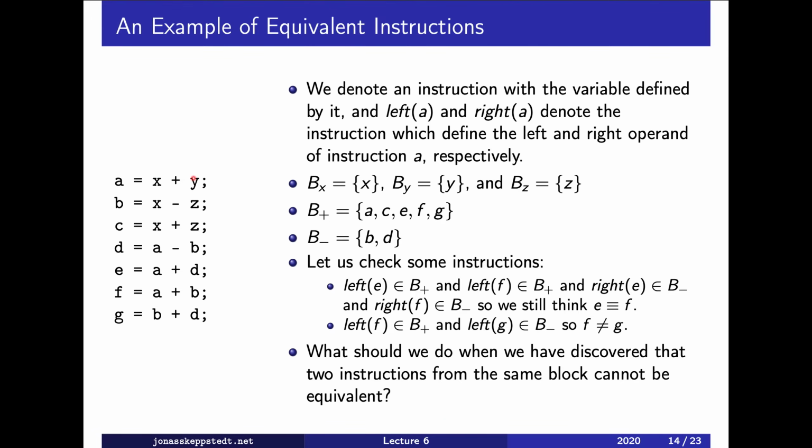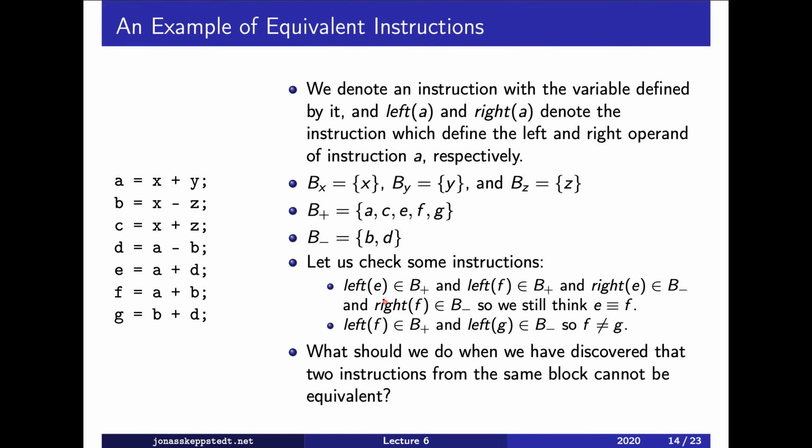Okay, so X, Y, and Z, they are unknown, and therefore they are put in blocks of their own. So we have the following blocks: Bx, By, Bz, and then B plus, all the add instructions, and B minus, both subtract instructions.